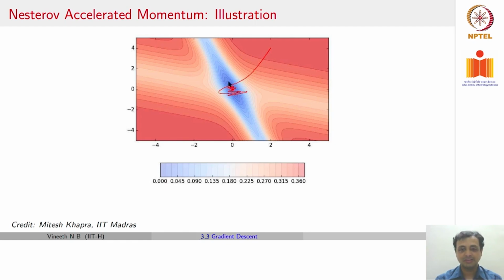This was the momentum traversal that we saw a few slides ago. Let's see how Nesterov momentum performs in the same setting. You see a blue curve starting out there at the same initialization. It seems to follow momentum, and here is where it differs. It doesn't oscillate as much as momentum does. The reason being, when you do momentum, remember you're oscillating.